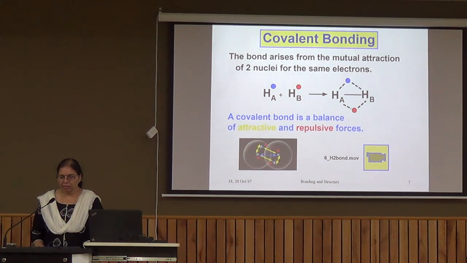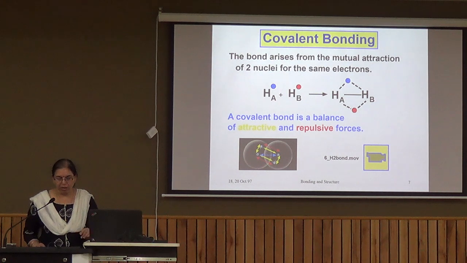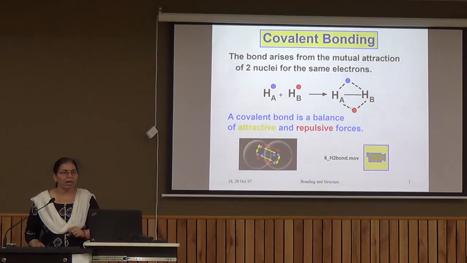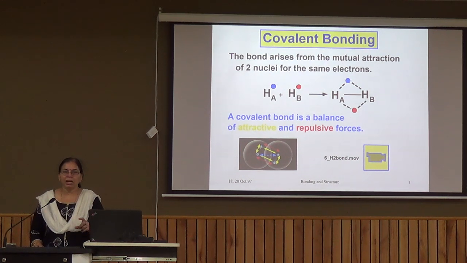Attractive forces are shown with yellow arrows and they are 4 in number, while the repulsive forces are shown with red arrows. Because attractive forces are more than the repulsive forces, the molecule is stable.